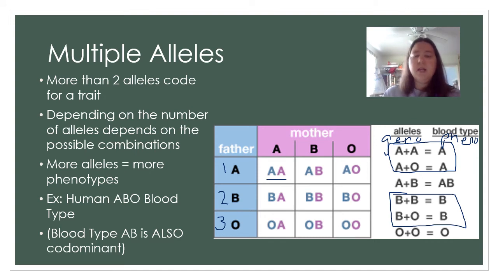So we can have a range of blood types. Now, the other thing about AB is it's also codominant. A is dominant to O. B is dominant to O. And you can see that over here. But A and B are equal, so they're codominant.